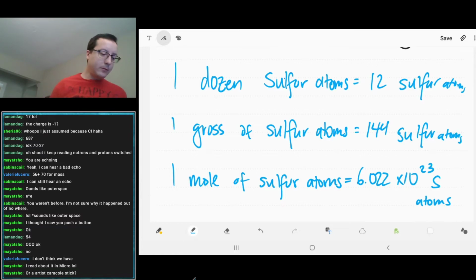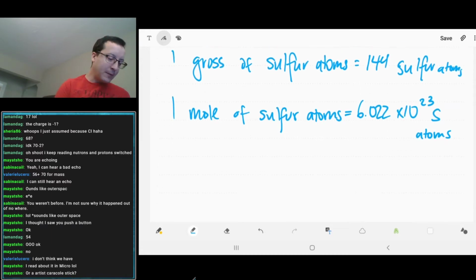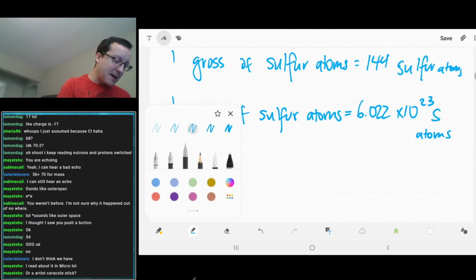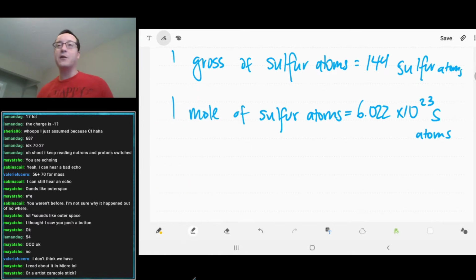So, that being said, let's see what else we can find out. We see that this atomic mass can give us information about the mass of a particular number of atoms. But what if we had a molecule instead?